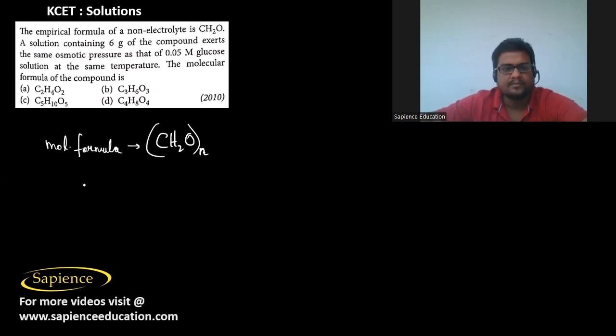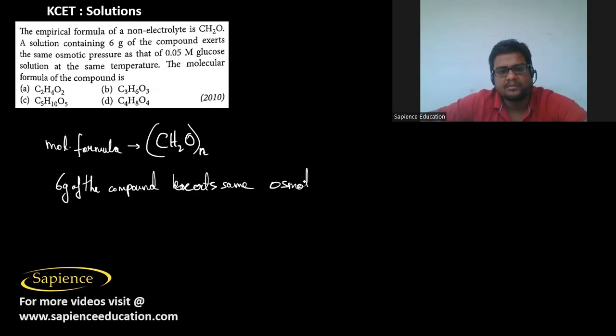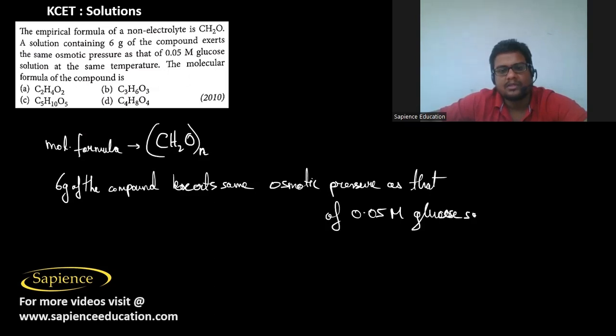So here also it means that 6 gram of the compound exerts the same osmotic pressure as that of 0.05 molar glucose solution at the same temperature.